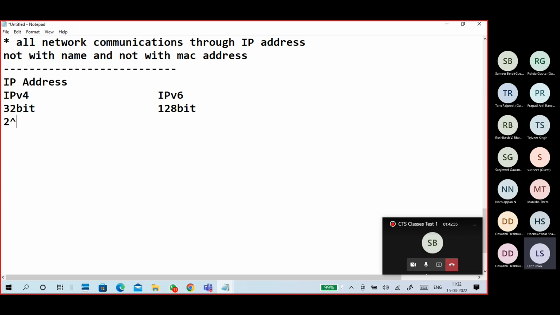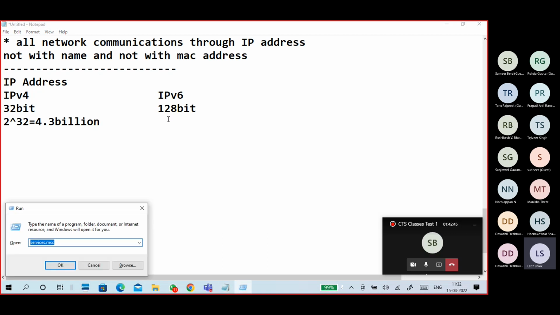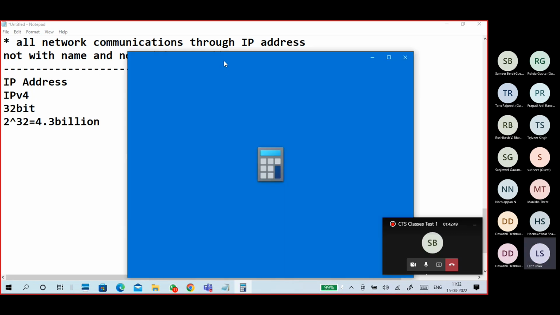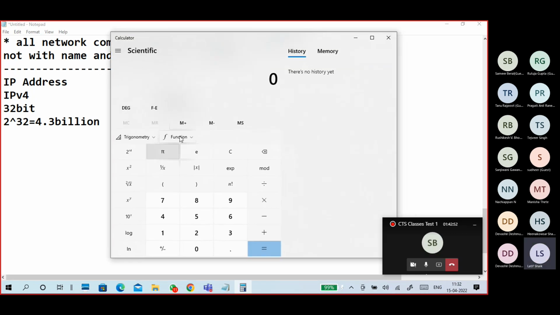So 2 to the power of 32 is 4.3 billion IP addresses you are getting. Go to the calculator, open the calculator, and you can do it also. Here it is, you can see: 2 to the power of 32.